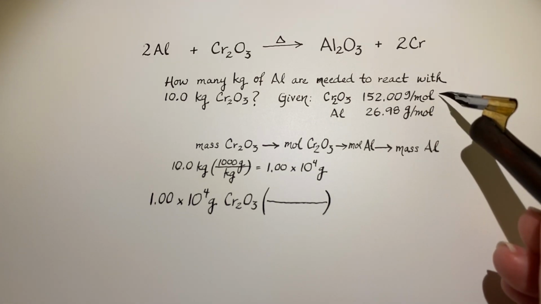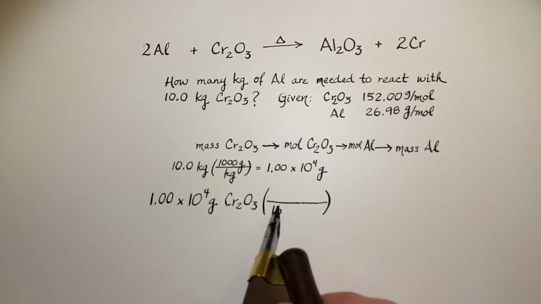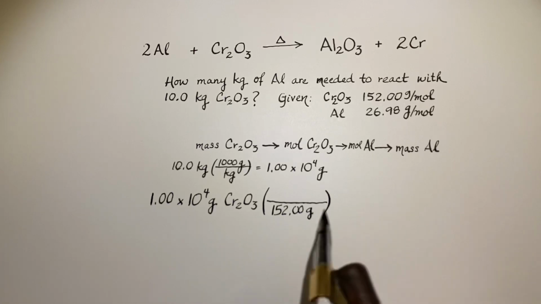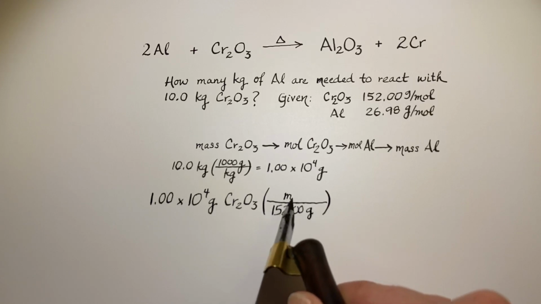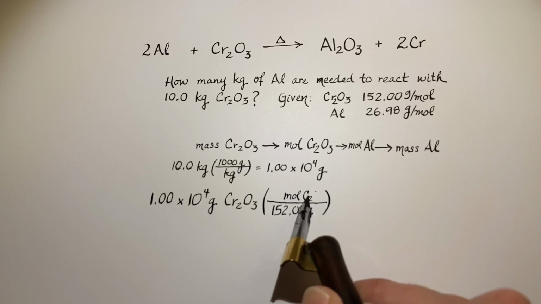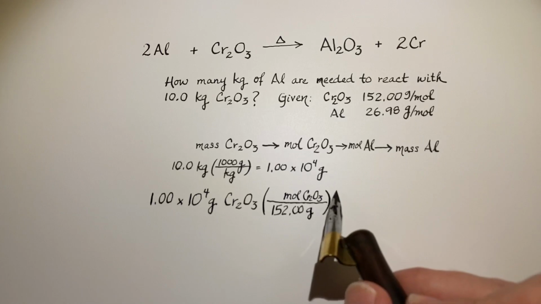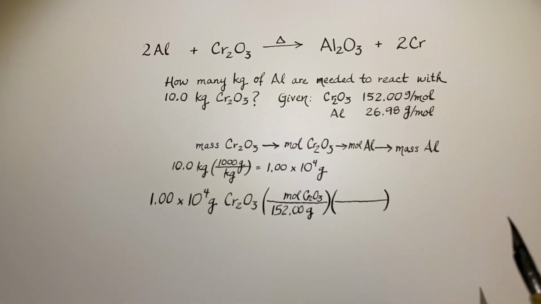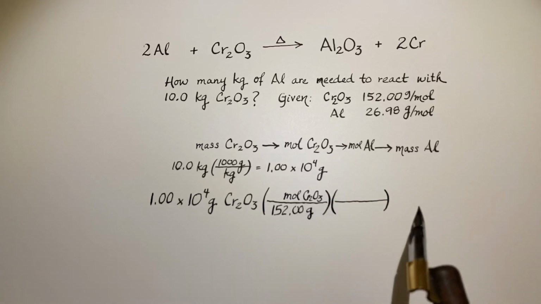So again, think of your formula mass or molecular mass as a ratio. 152.00 grams of the chromium 3 oxide to 1 mole. Then this is the point when you can convert from moles of chromium 3 oxide to moles of aluminum.